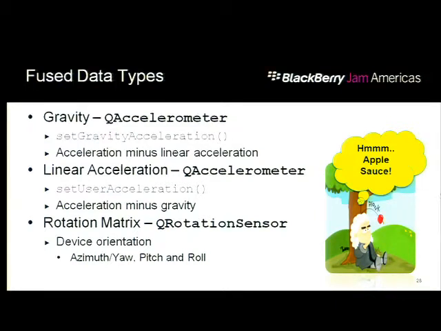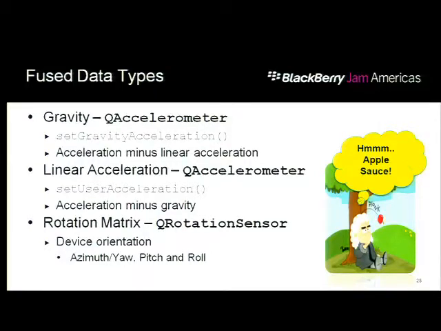Firstly, the QAccelerometer usually gives you an acceleration value that takes into consideration the gravity as well, so it's contaminated by gravity. If you want to get only the user acceleration, you need to call this API called setUserAcceleration. That will remove gravity and only get you user acceleration.